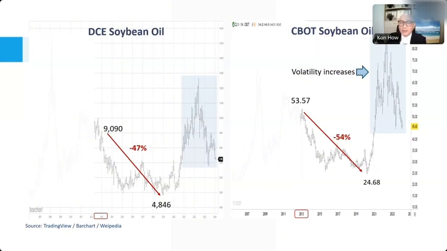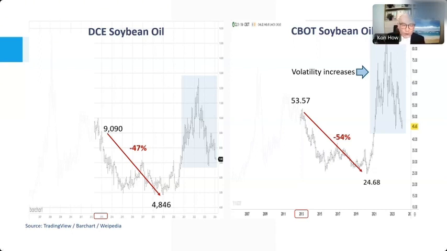The CBOT soybean oil got much more volatile. I hope you're seeing the cursor here: the price became much more volatile. So it could make the arbitrager or spreader a bit more risky because the price differential is too great, too sudden, too quick. But it's always good when the moves align together in a very closely aligned relationship.